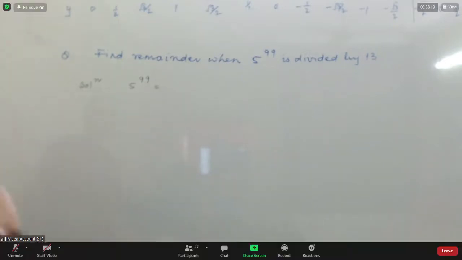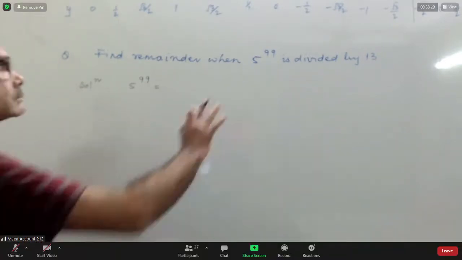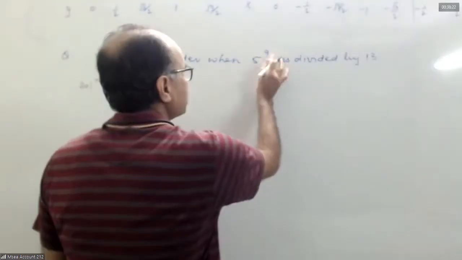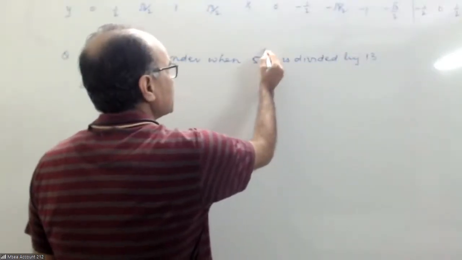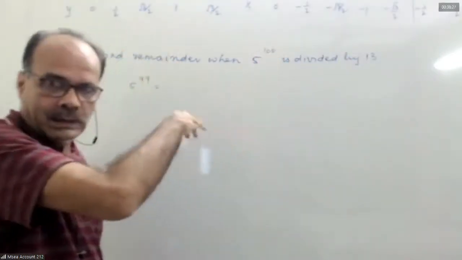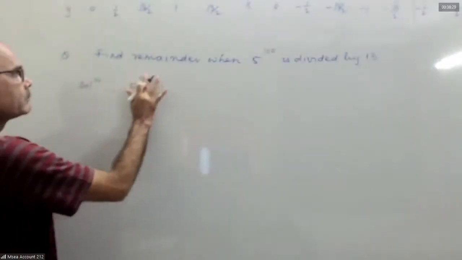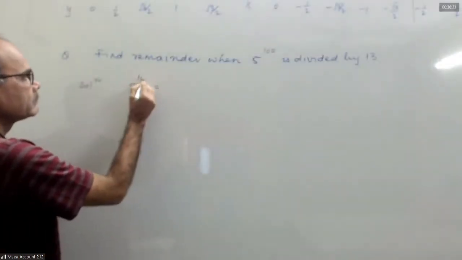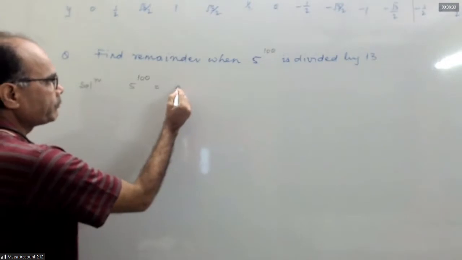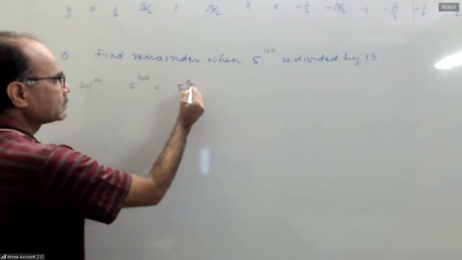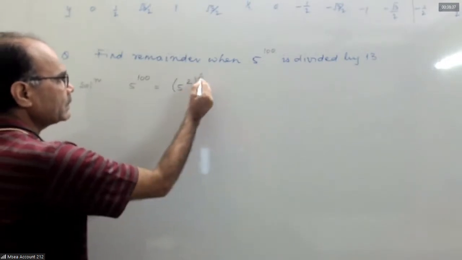First you write 100. Okay, I will come to 99 next. 5 square to the power 50.